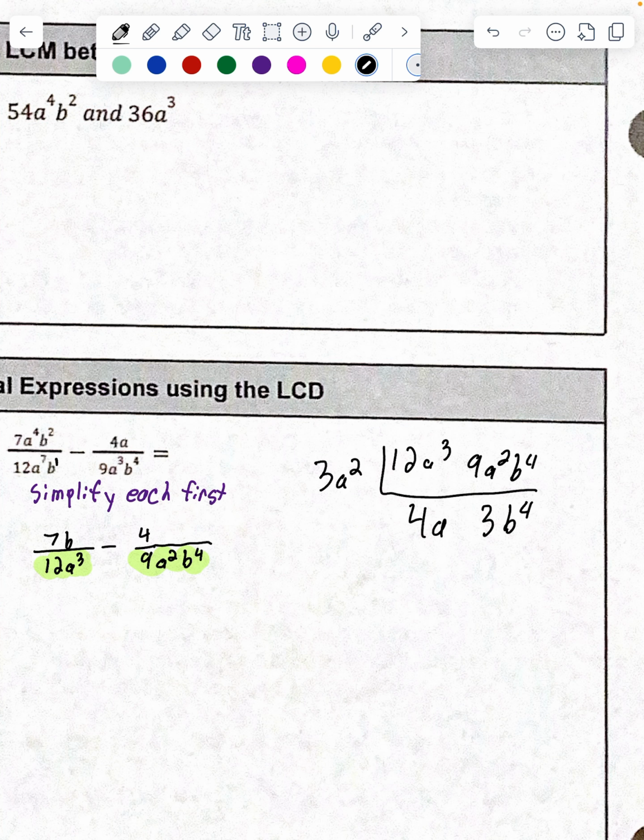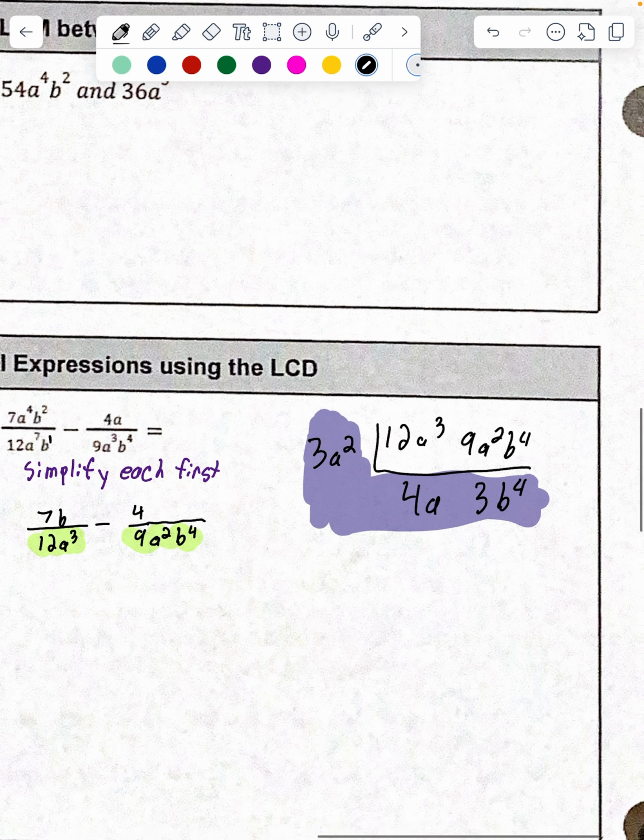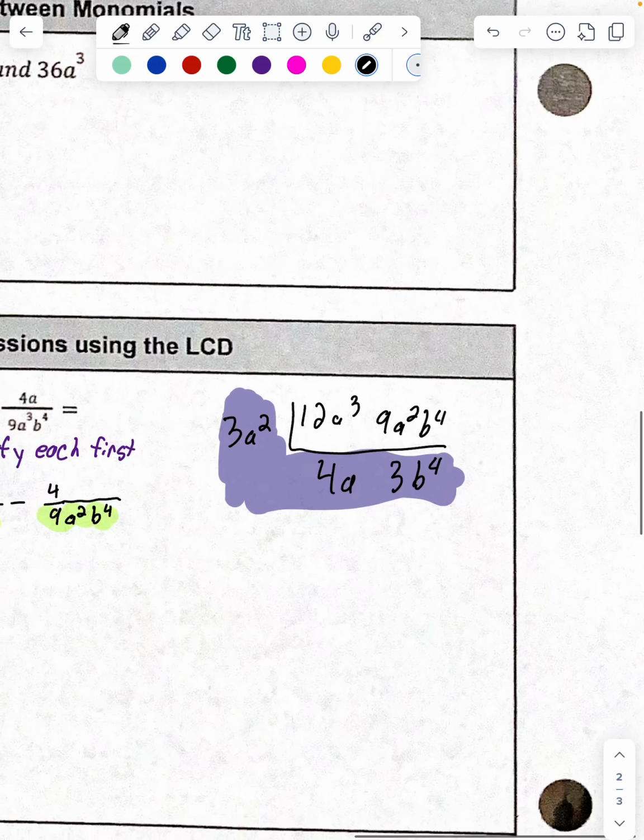And now my LCM is going to be all of this multiplied together. So all together, my LCM is going to be 3 times 4 times 3, which will be 36. I would have 3 A's here.